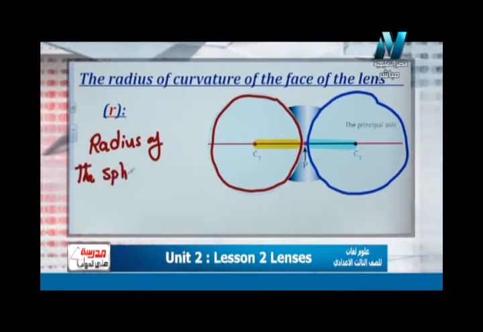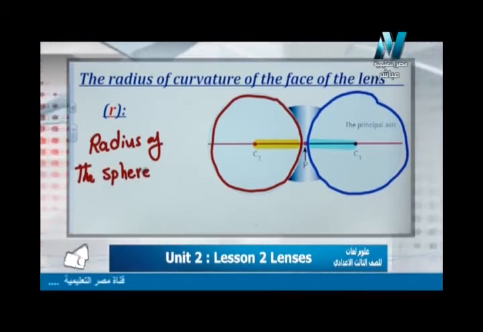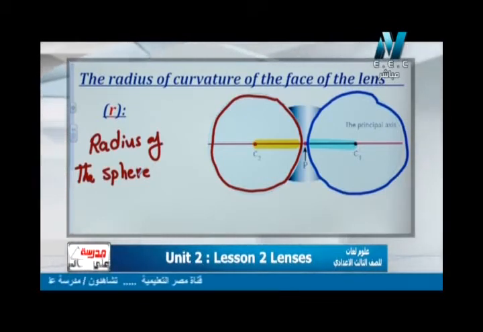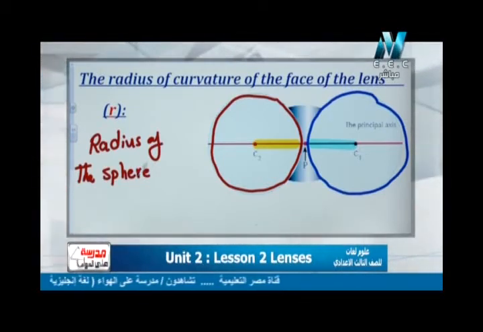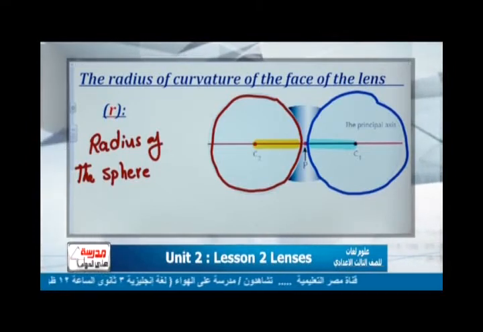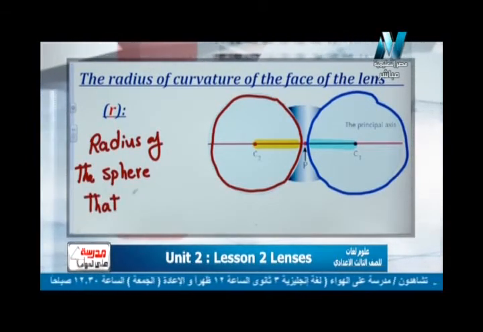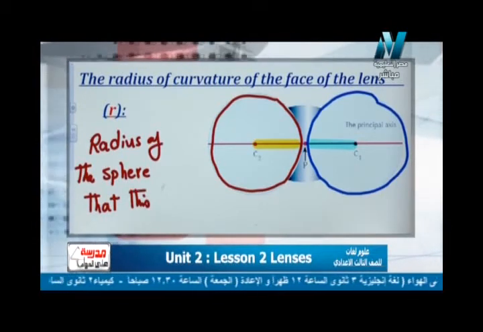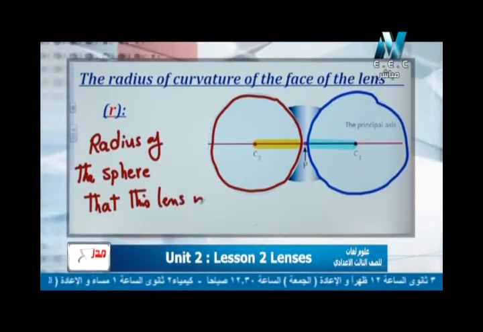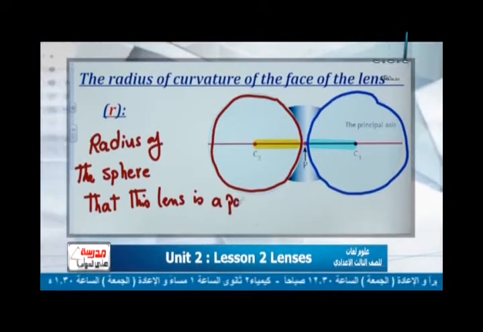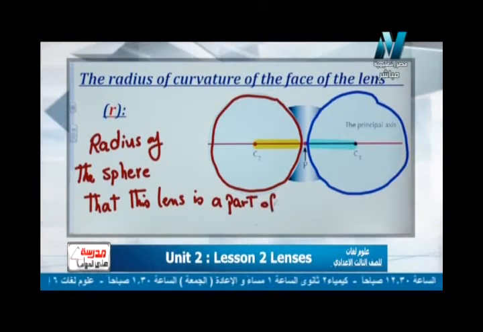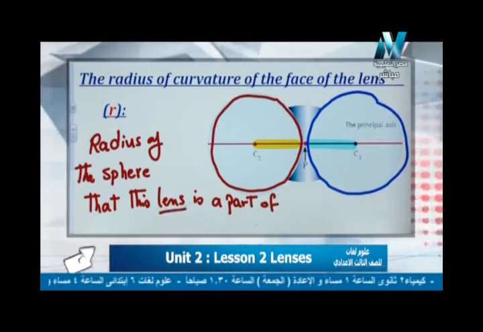In the mirrors we said the distance between the center of curvature and any point on the mirror, right? Here I can't say that. I say the radius of the sphere that this lens is a part of.